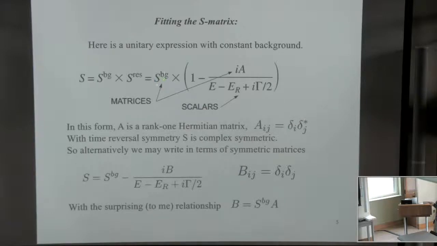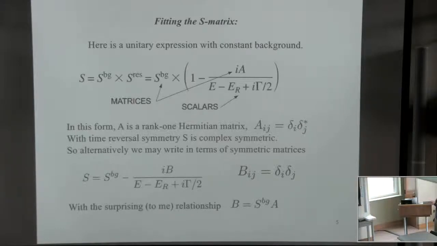There's a background S matrix right there times this matrix function right here, where this matrix A is a rank 1 Hermitian matrix. So with time reversal symmetry, S is complex symmetric. So alternatively, we may write something like this, where the background S matrix and this B are both complex symmetric. B then has this form.